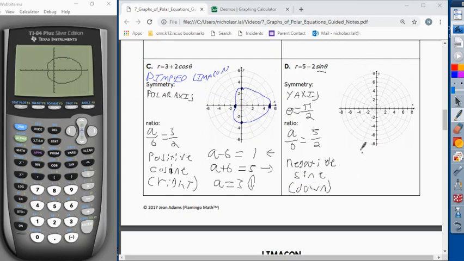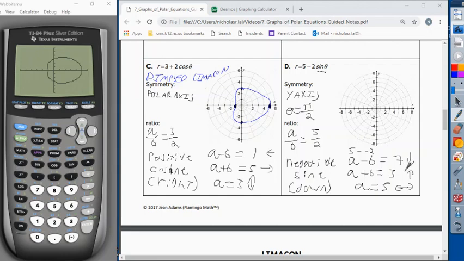A minus b, that's going to be 5 minus -2. Remember, that's going to be equal to 7. A plus b is going to be equal to 3. And a is equal to 5. So a is moving 5 units left, right. A plus b is moving 3 units up. 7 is going to be 7 units down.